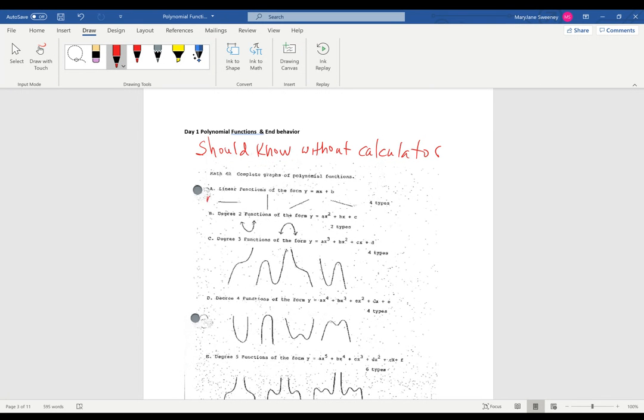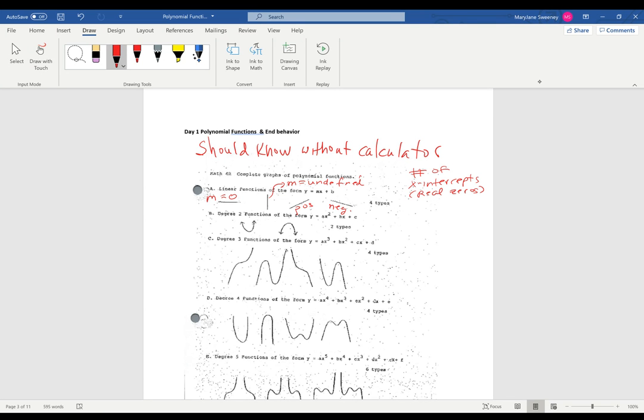We know this, slope is 0. This is a line that has an undefined slope. And then this is a positive slope. This is a negative slope. We're going to make a column here, number of x-intercepts, or that's real zeros.